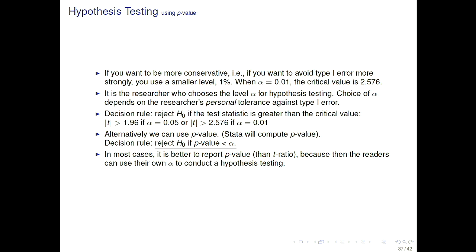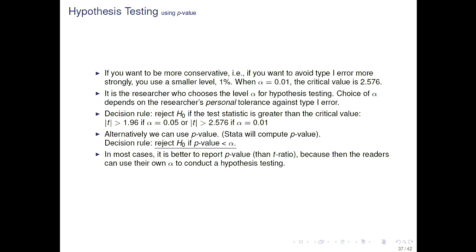So there's some tricky part regarding this issue. You write a paper, and there are so many different readers. The readers are going to read your report, your research paper. And if you report only the statistic, this t ratio, then, sorry, if you say you're going to reject the null hypothesis at significance level of 5%, then it's like you are forcing all your readers to have the same level, right?